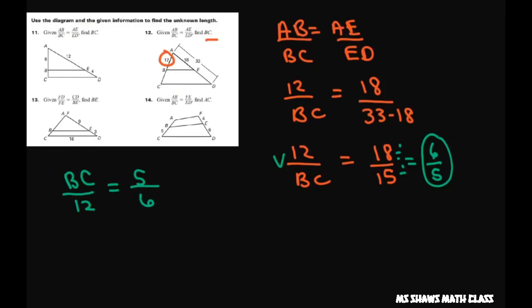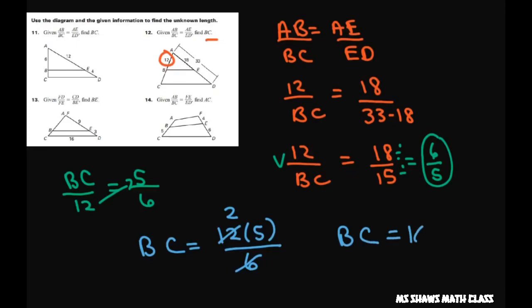I'm trying to do this so I don't have to use a calculator. So now I'm just going to cross up here, and you get BC equals 12 times 5 divided by 6. Well, 6 goes into 12 two times, so BC equals 10. And where's BC? So this would be 10.